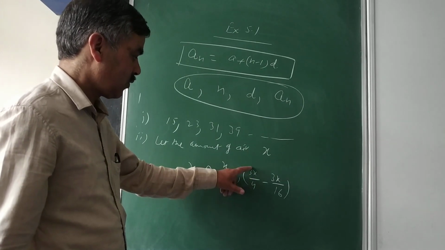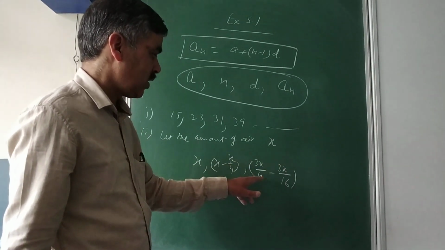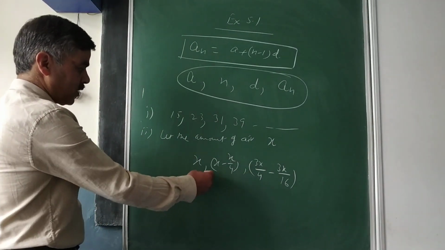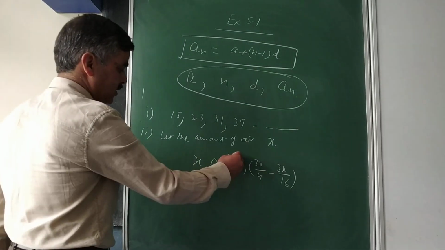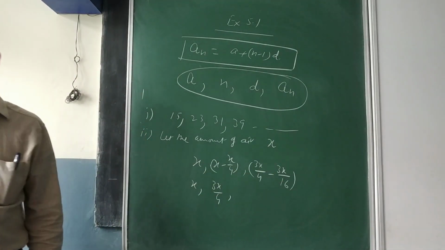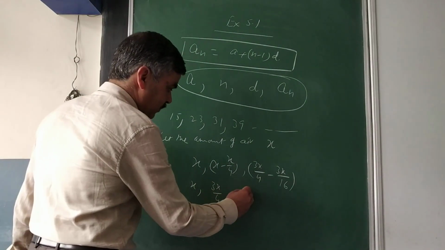Then 1/4 of 3x upon 4 was removed, so that is 3x into 1 over 4 into 4, that is 16. If you check these results, that is x and 3x upon 4, and if you take the LCM, you will get 9x upon 16.